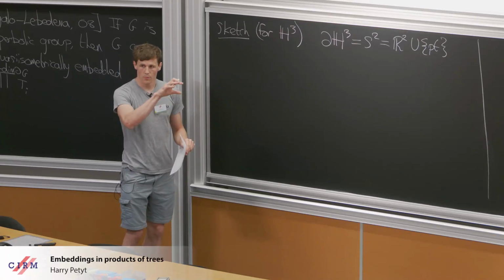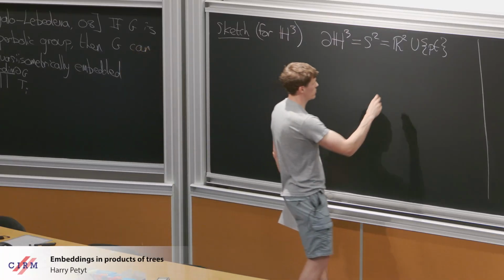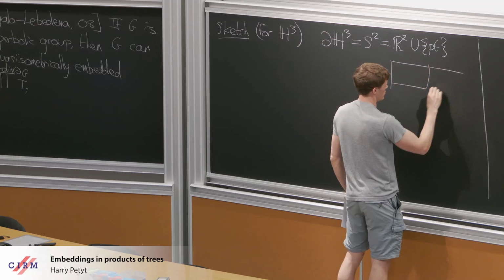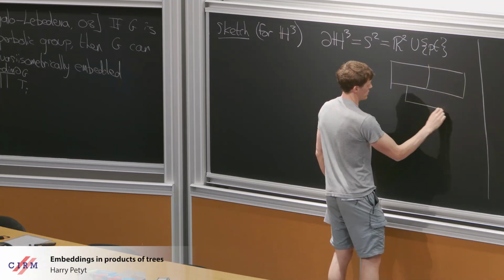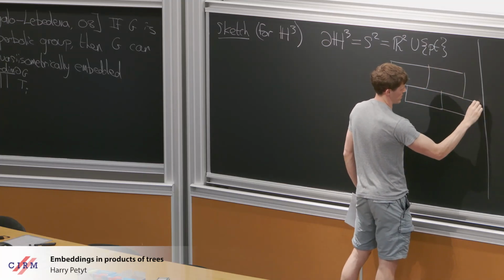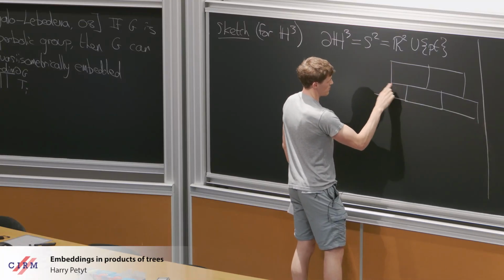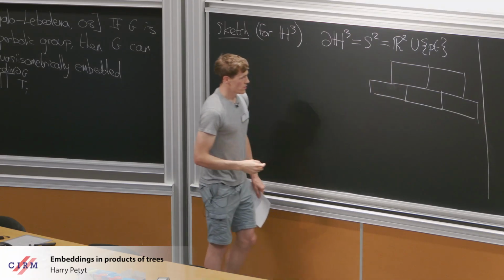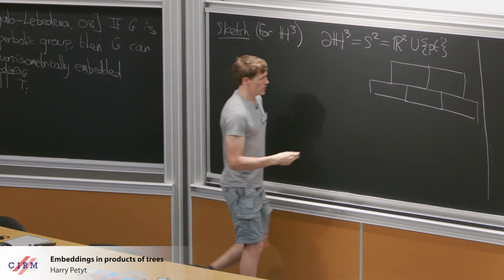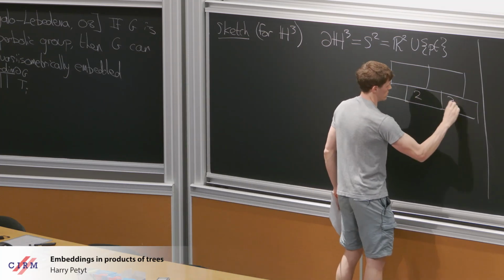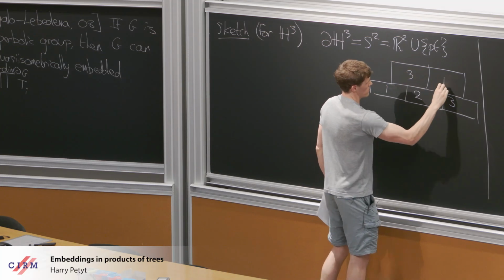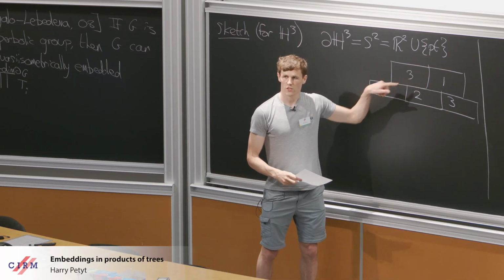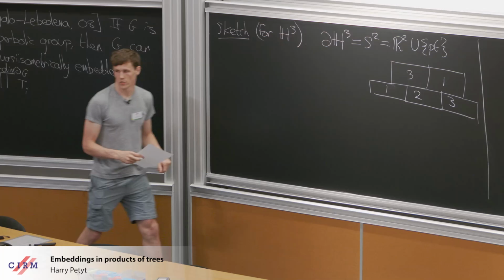And you can tile the plane by bricks. This is the kind of standard picture that you see that shows that the plane is two-dimensional. I'm going to tile it by bricks that have the same size. And I can color these bricks with 3 colors such that any 2 bricks of the same color are disjoint from each other.